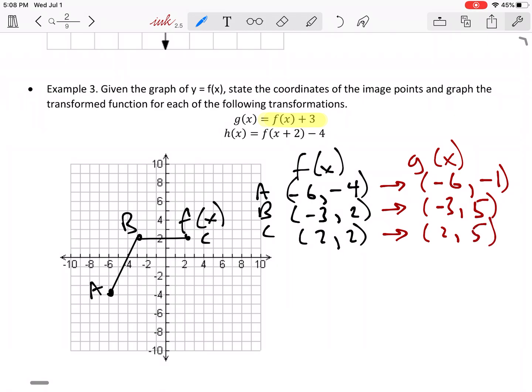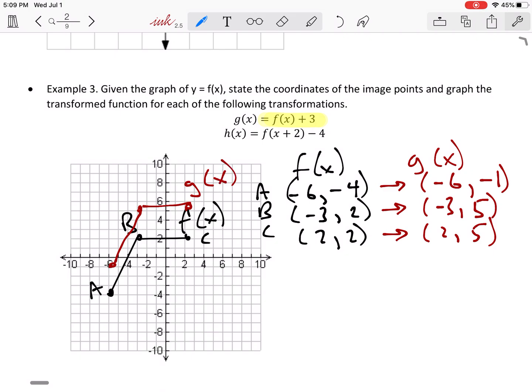Now we can put in those points for g(x): (-6, -1), (-3, 5), and (2, 5). And this is our g(x).